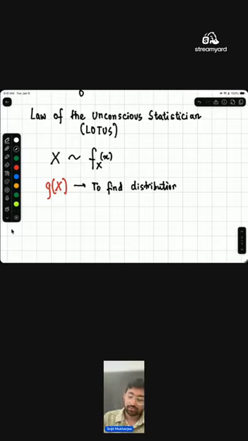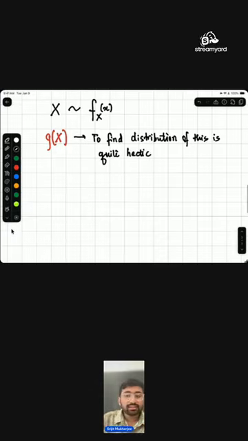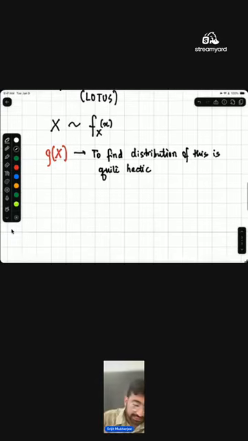I'm telling you, finding the distribution of this is quite hectic, if it's not a usual function. But the law says that if you want to find the expectation of this random variable g(X), it has a beautiful expression.